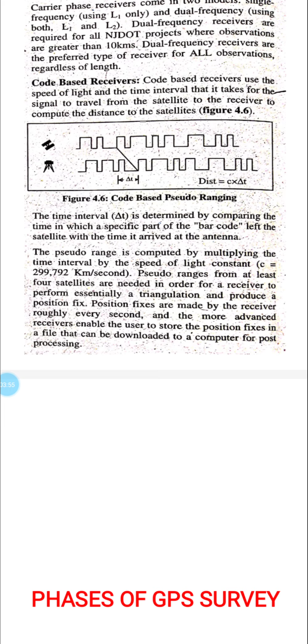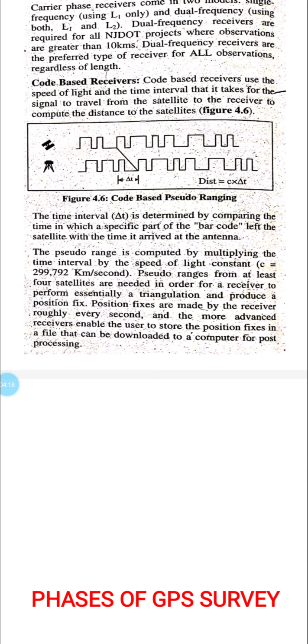Here the position fix is not the position of the points established on the site over which the receivers are kept. Here the position means the position of the satellite. So the position of the satellite is very important. By using the pseudo ranging, we can also fix the position of the satellite.